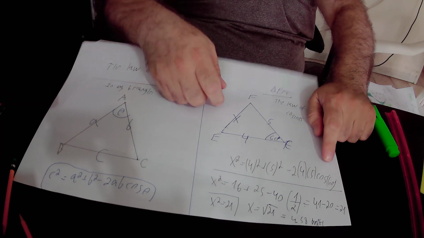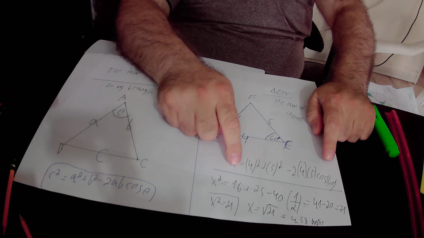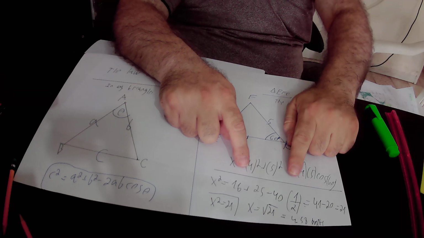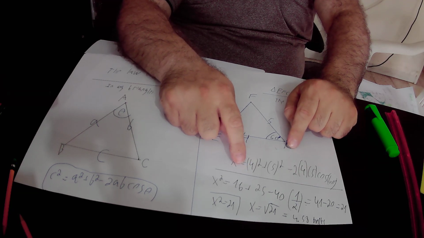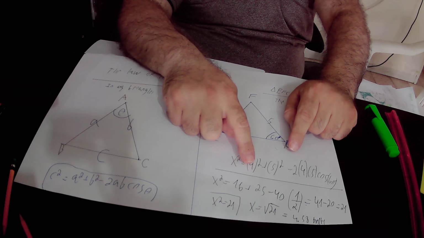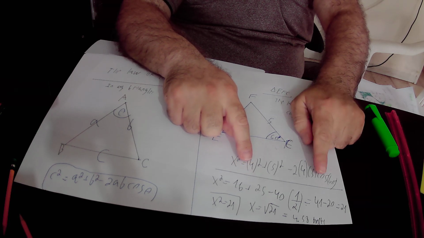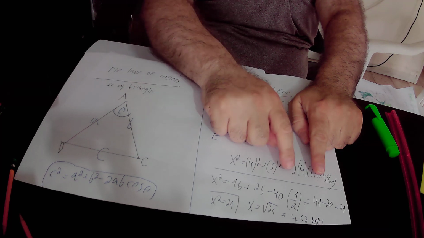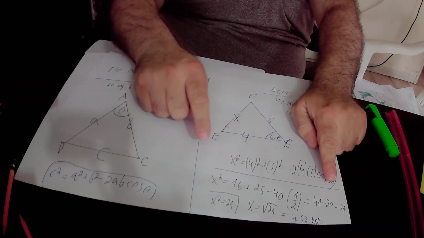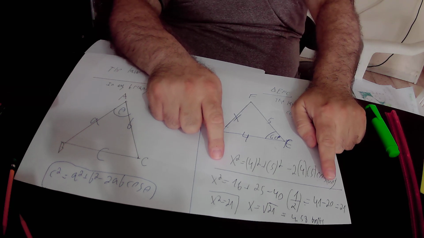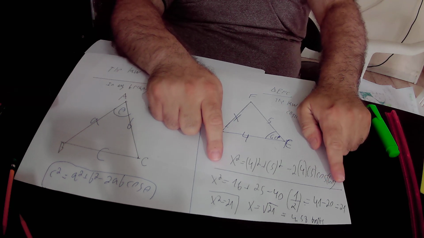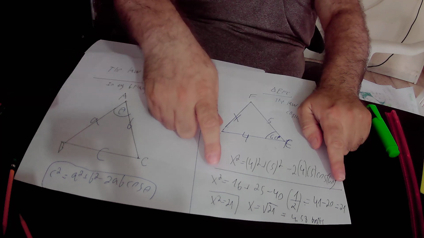So we found out that X squared equals 16 plus 25 minus 40 over 2. So 16 plus 25 is 41, and minus 40 over 2 is minus 20. So X squared equals 41 minus 20, and 41 minus 20 is 21. So X squared equals 21.